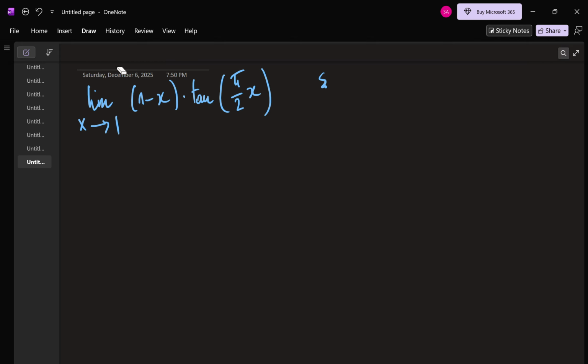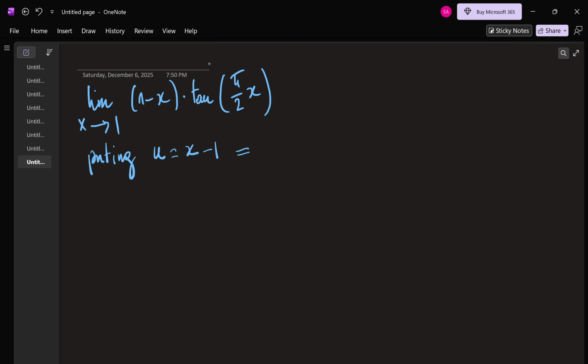Here we will use a change of variables. Simply we put, instead of x, x minus 1. So put u equal to x minus 1.